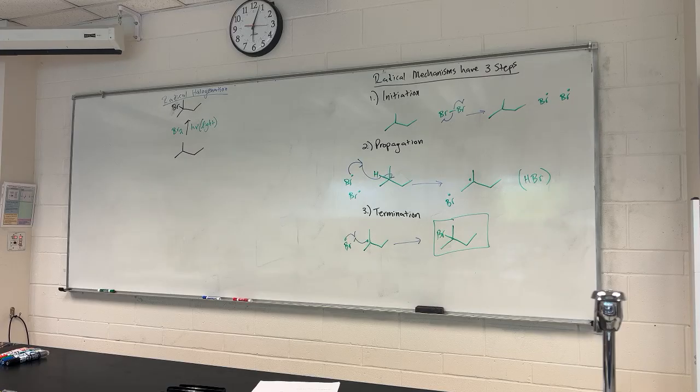Here I can add a chlorine, right? I want to add another chlorine. I just need to draw a new bond and then change that bond to go to a chlorine. And that's it. Now I've got 2 chlorines on the same carbon.